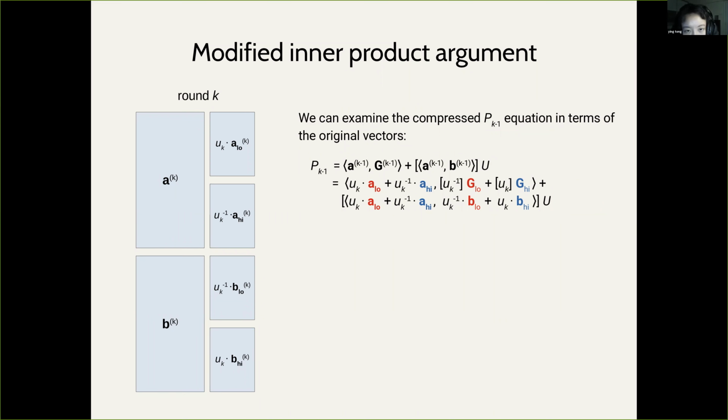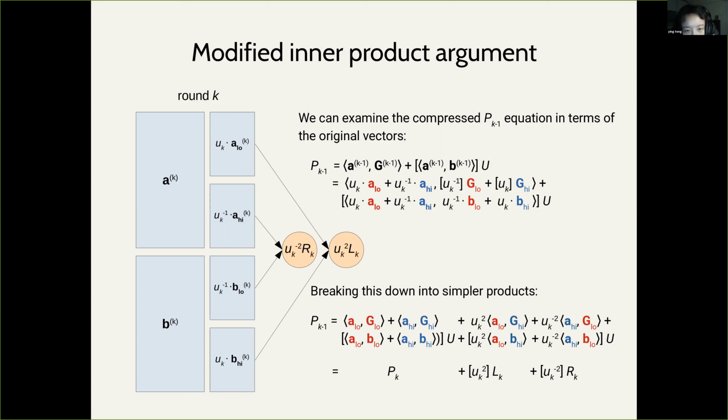Let's look at it more closely. We can express it in terms of our original vectors. This is just me writing out explicitly what PK minus 1 is.